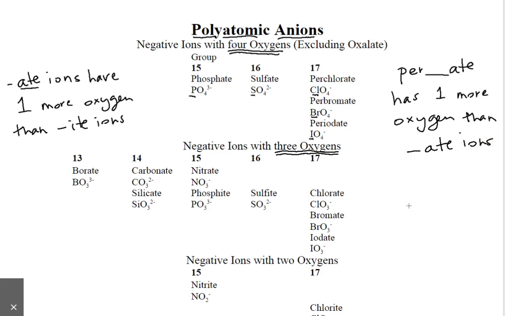Okay, then ATE ions. And notice that the only per ions are in the halogen group. Okay, they're the only ones. If we go down here, there aren't any other per-ATE ions.